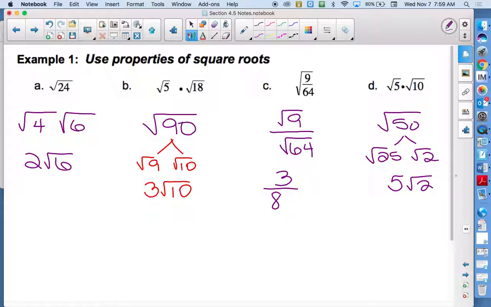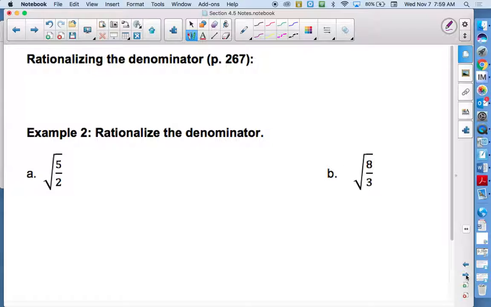Okay, so if you look at the top of the next page, we're still going to work with square roots before we start breaking into some problems. So at the top of the page, there is something called rationalizing the denominator. So when we have a fraction, and I'll make it like this, and the denominator is not a perfect square, a fraction is really picky.